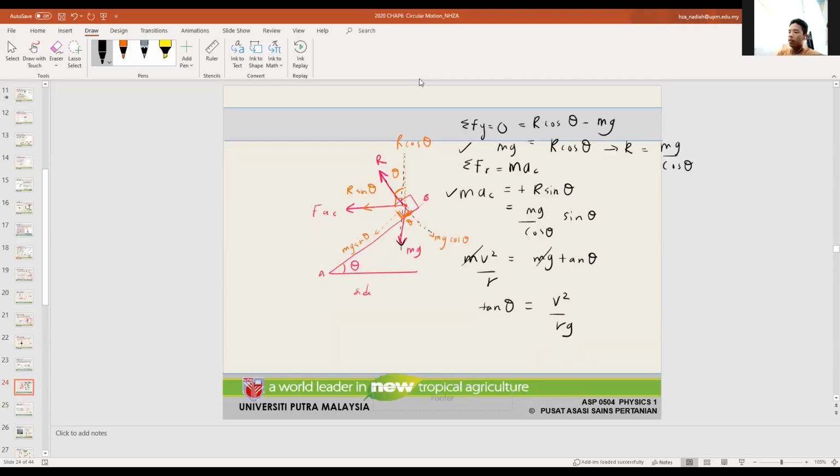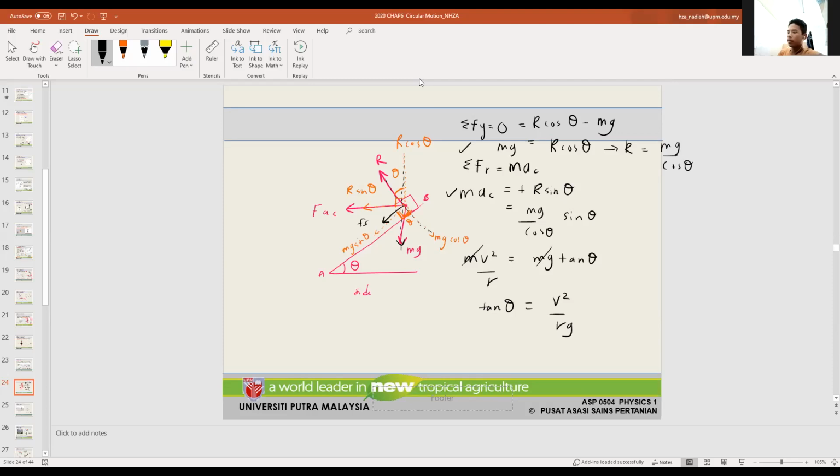I have a question. If we use mu R, because of friction, we would get something different. If this question has friction, you will get your Fs this way, right? So you have to resolve your friction force too, which makes it super complicated. Resolving two is already dizzying, and three is like that.